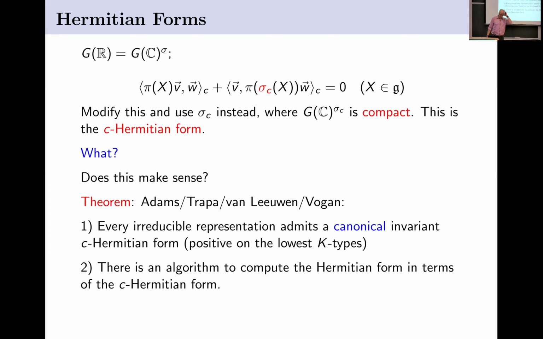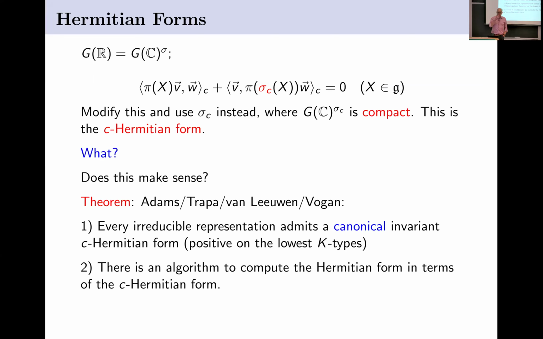Okay, so that's where this real infinitesimal character comes in. If you restrict to the real infinitesimal character, then it always exists. Sorry, I think the question was about number 2. Is that the question? No, it was about 1. Oh, okay. So 2 says if it exists, then there's an algorithm to compute it. Is there something implicit in this, that you already know you have to compute on a finite set of K-types?